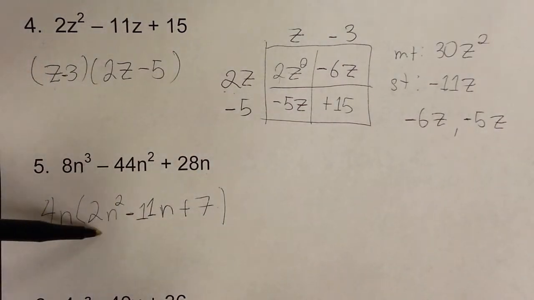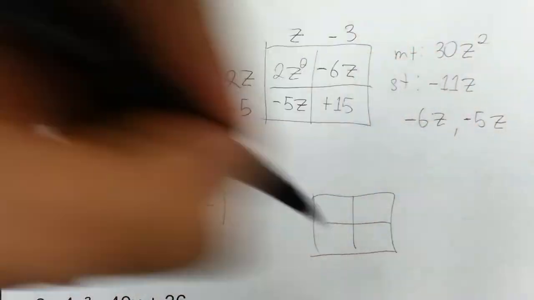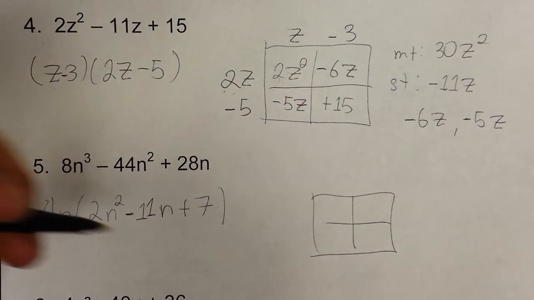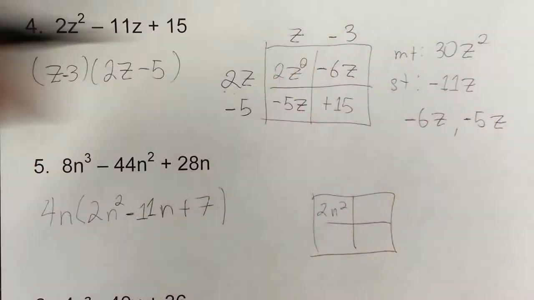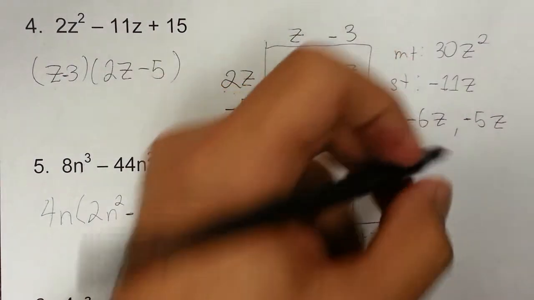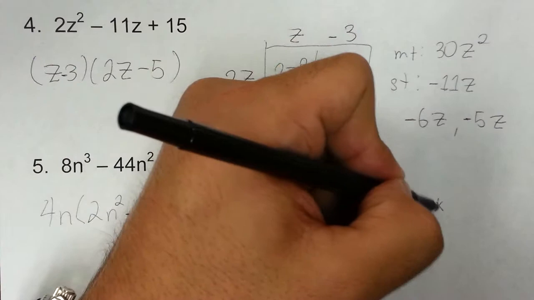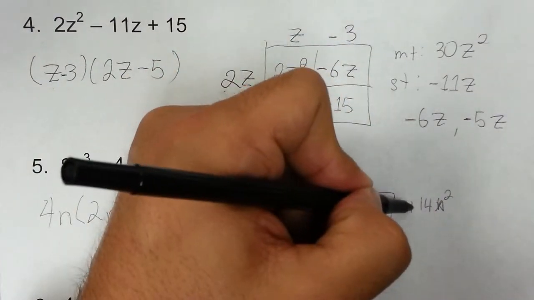So we've got another quadratic trinomial. Let's go and fill in our box. And we've got 2n squared and a positive 7. So that would give us a 14n squared for our multiplies to.